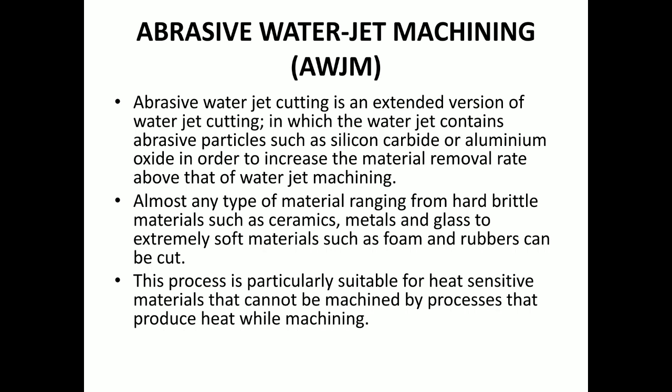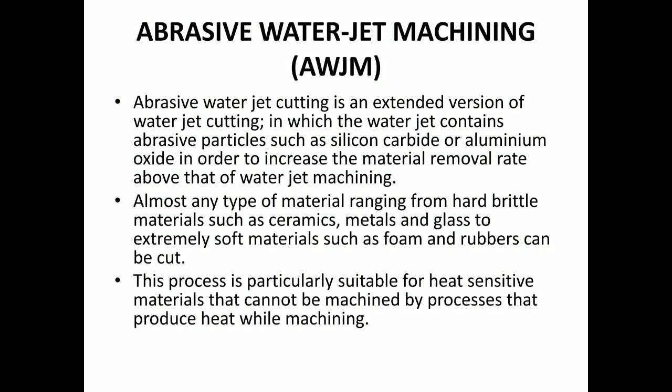Abrasive water jet cutting is an extended version of water jet cutting, in which the water jet contains abrasive particles such as silicon carbide. As I previously told you, silicon carbide and aluminum oxide are used in order to increase the material removal rate above that of water jet machining.